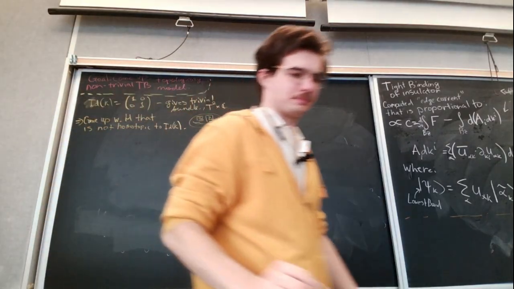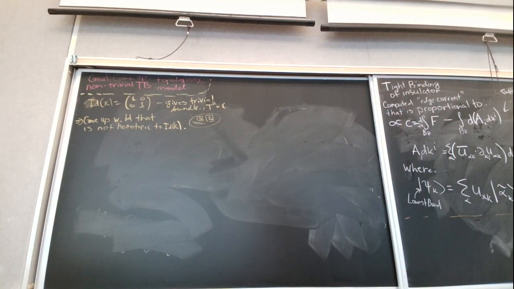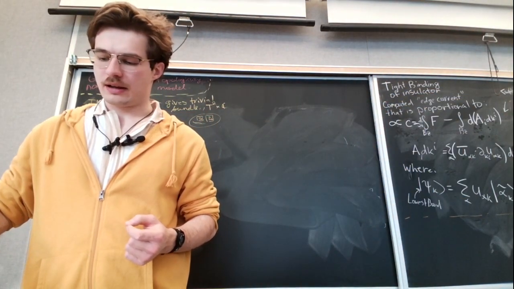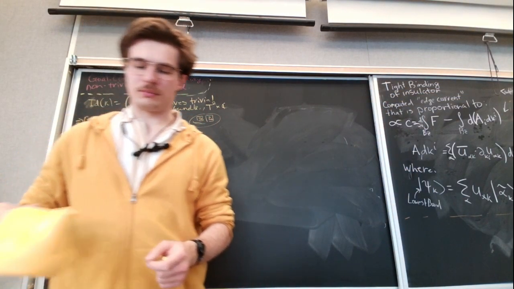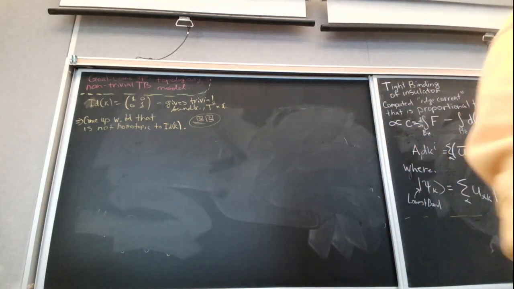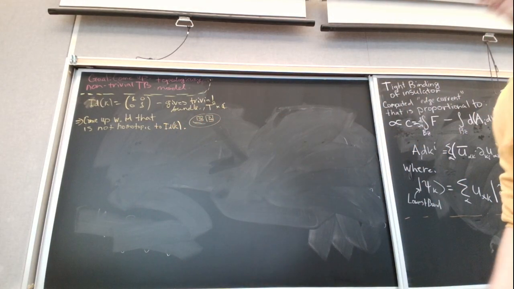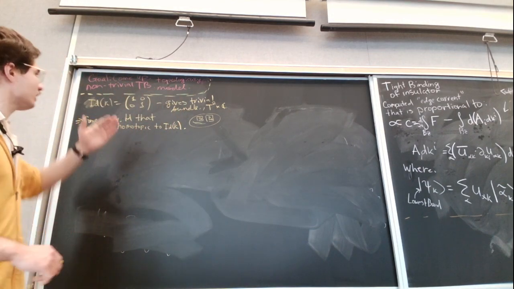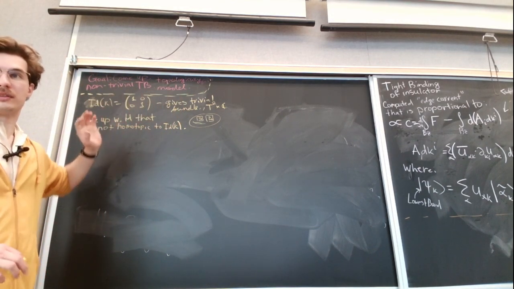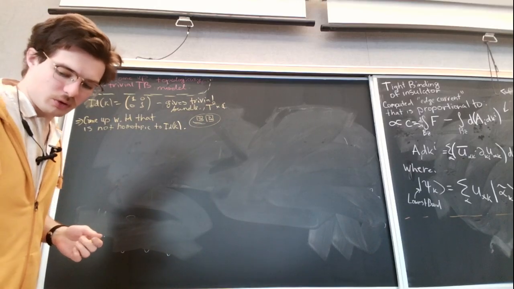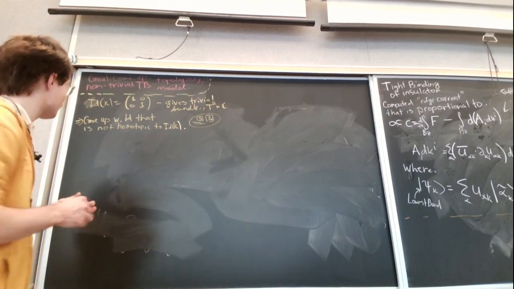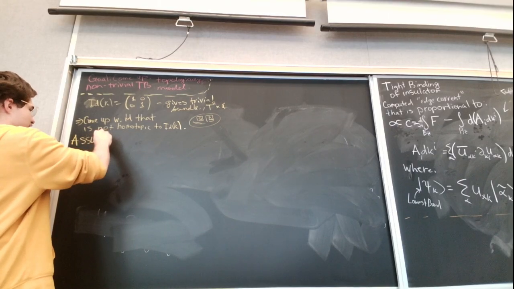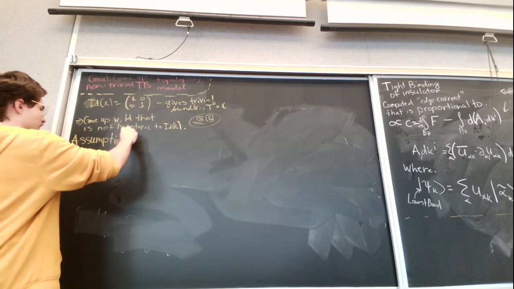Okay, right now we're going to make a few assumptions. First of all, we're going to work with a two-band model. So we're only going to have two states for every momentum k. Those are our assumptions.